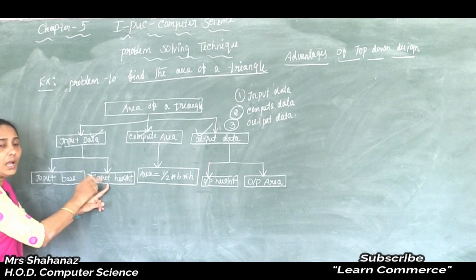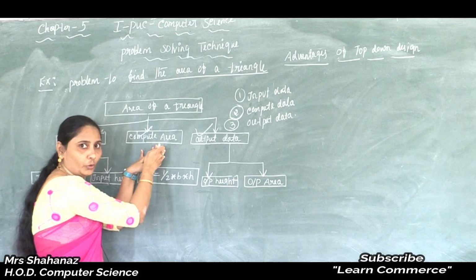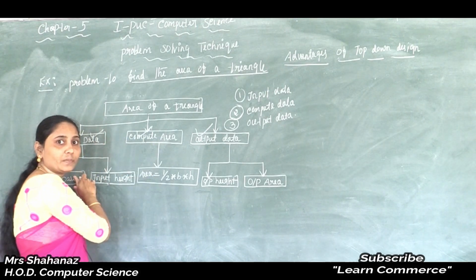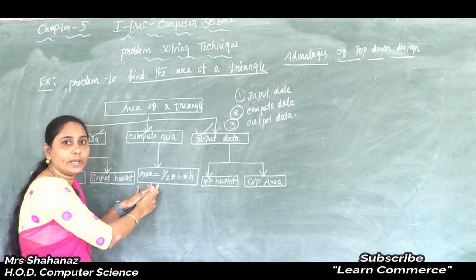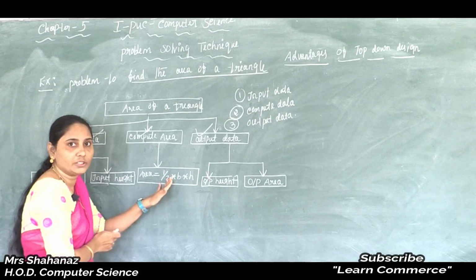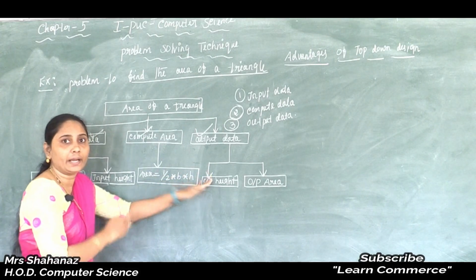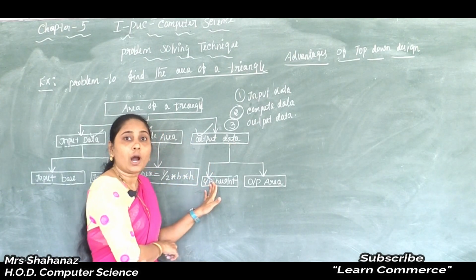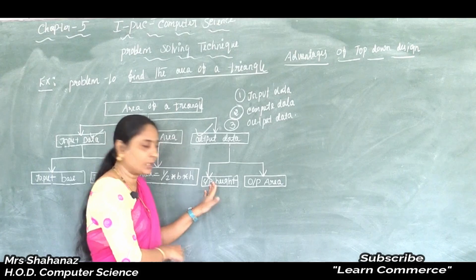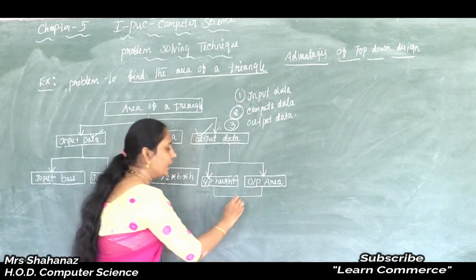Clear this point here? And later after knowing the input, base and height, I am going to do the calculation. So area is equal to half into base into height, and after the calculation I will get some output result. Correct? No? Otherwise simply we can say it as the result here.